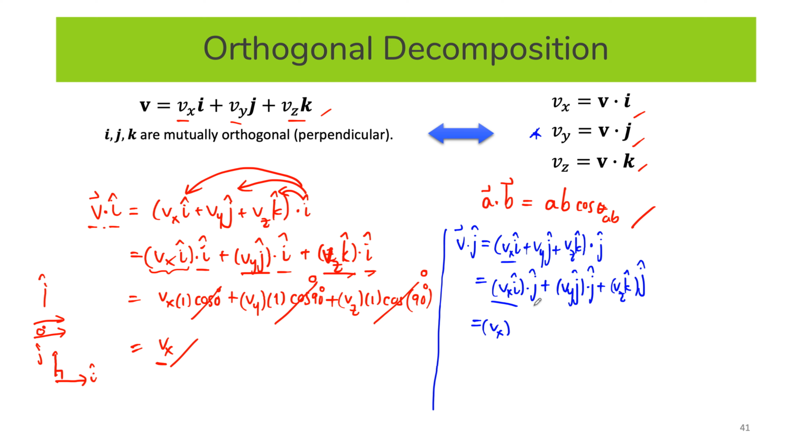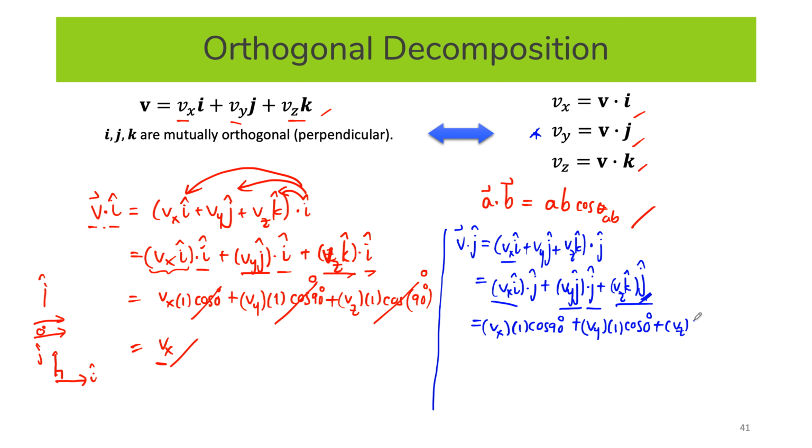The magnitude for j is 1 because it's the unit vector. Now the cosine of the angle between i and j is 90 because it's orthogonal. Now the second term, this magnitude is vy. The magnitude of j is 1. And the angle between j and j is 0. Now, last term, this magnitude is vz.